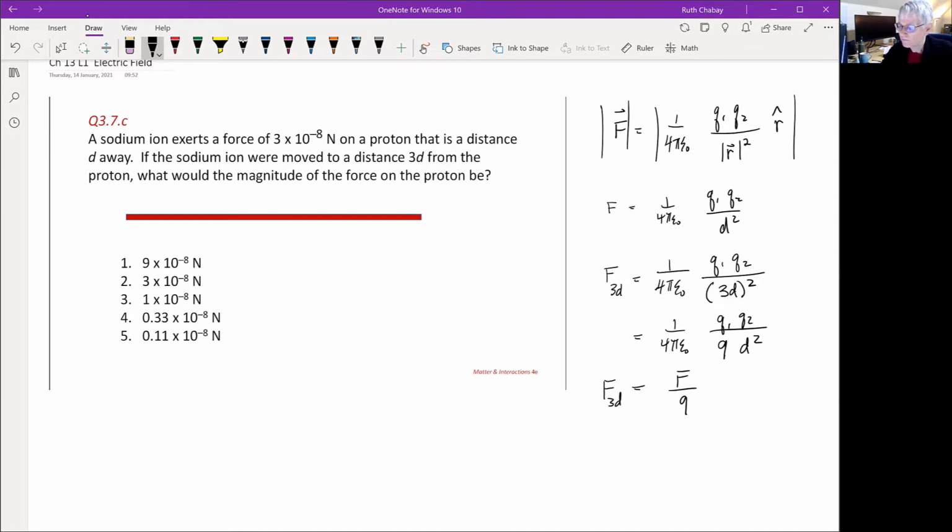Therefore, it's going to be equal to 3 times 10 to the negative 8 newtons divided by 9. So it is not answer 3. It is in fact answer 4.